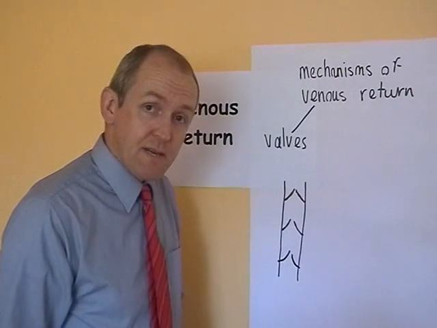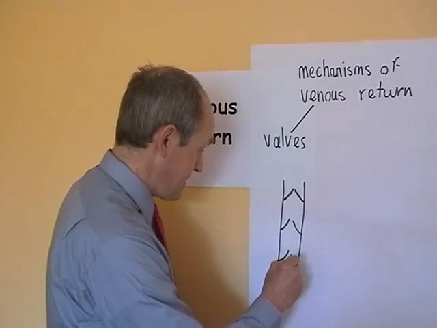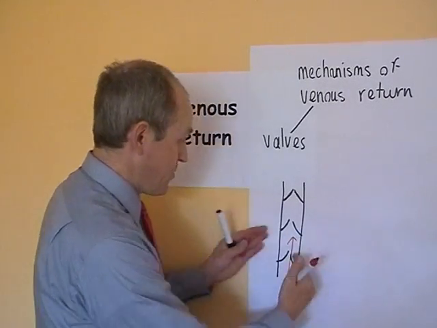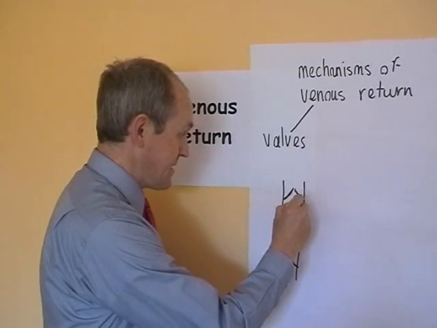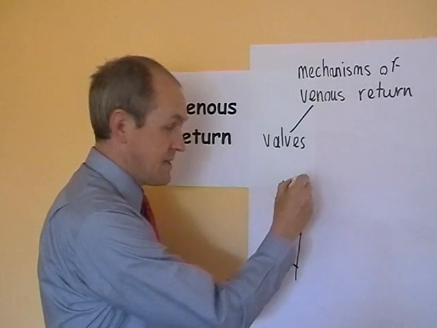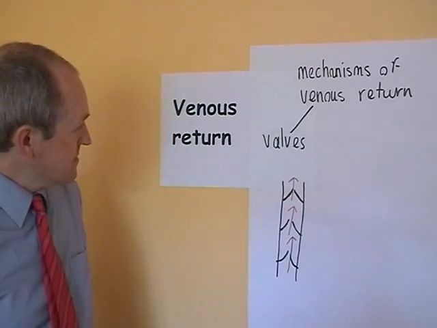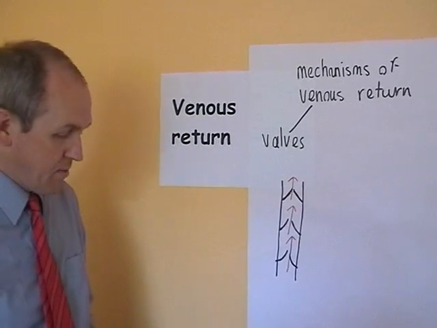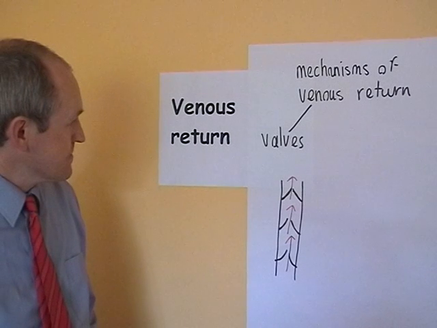So if the blood is able to get from here to here, this valve will close and stop the blood flowing back again. Then it can get from there to there, and there to there, and so on. So there is sort of a ladder that the blood can climb up. So veins have valves.